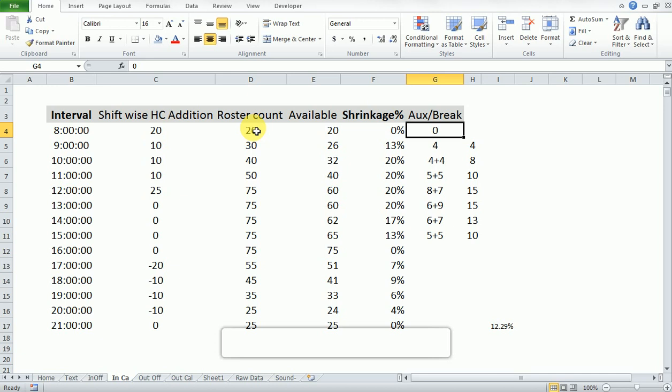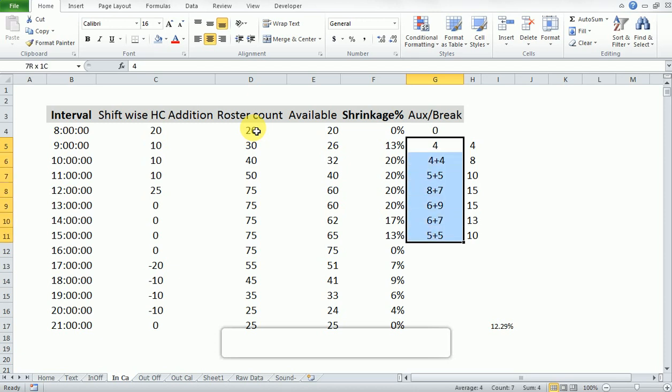So why is the floor supervisor seeing a lower count against the roster count? Because he is allotting the break. In this shift he has allotted 4 people's break. In the 10 a.m. time slot he has allotted 4 plus 4, 8 people's break. Like this he has to give the break to all the advisors.